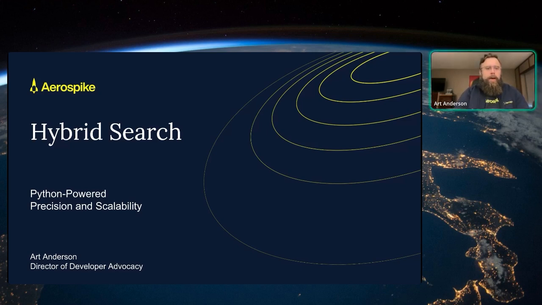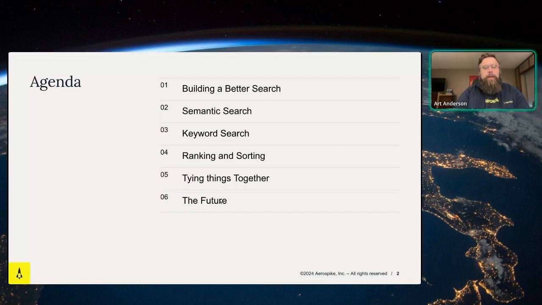So there's a lot to cover, and I'll try to keep an eye on chat, but hopefully we'll have a little bit of time at the end for questions if anybody has them. We're going to talk about the overall structure: why are we building a better search, and how did we go through the different pieces?